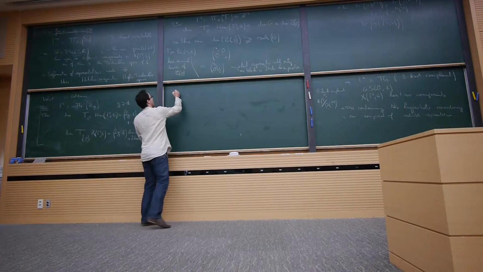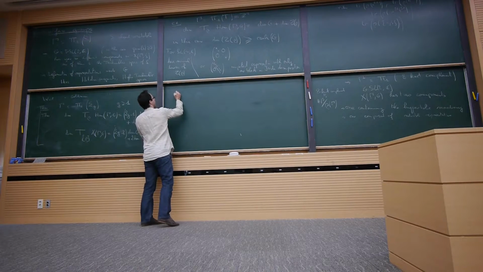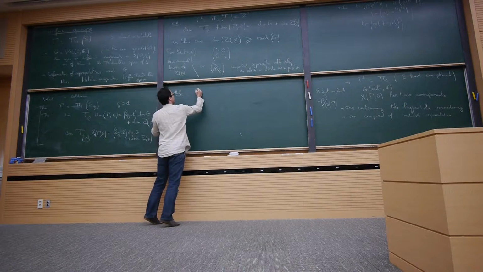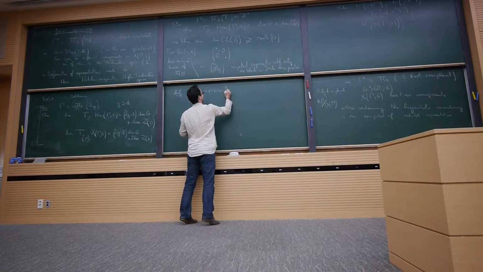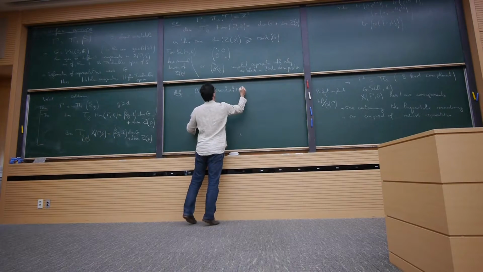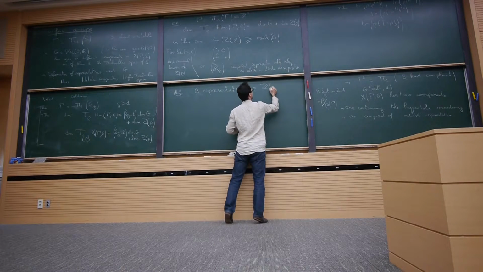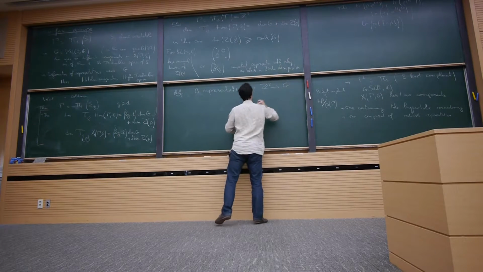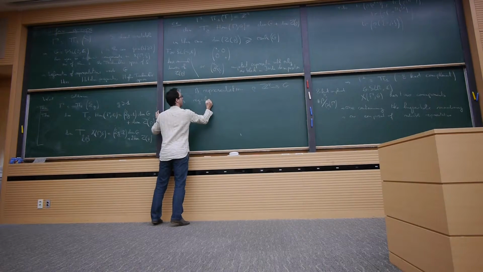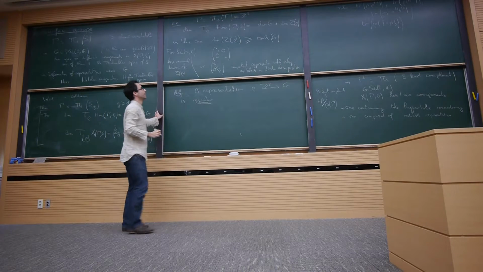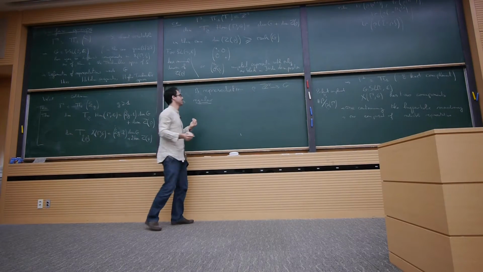So, definition: a representation rho from Z^2 to G is regular if the centralizer has the minimal dimension.